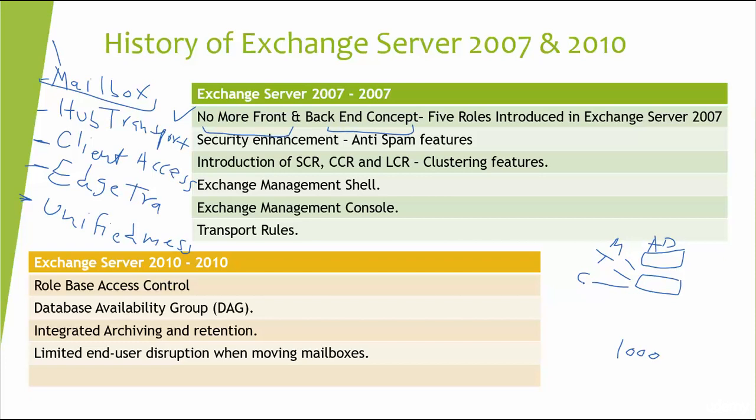So you are installing all these 3 roles in one server, and then you are using this transport server role to connect to your firewall, and then your firewall is connected to the internet. So this transport server role is now getting emails.